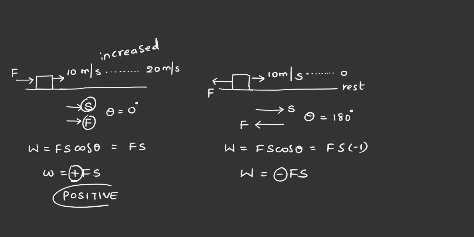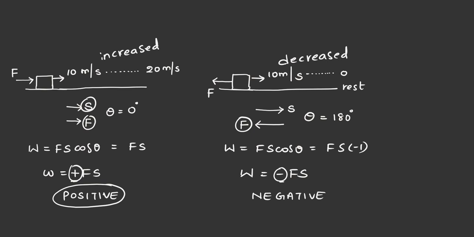But what happened when a force is acting opposite to the direction of motion? The speed of the body decreased and came to rest. That's why you see a negative sign here. That's why the work done by a force which is acting opposite to the direction of motion is said to be negative work.